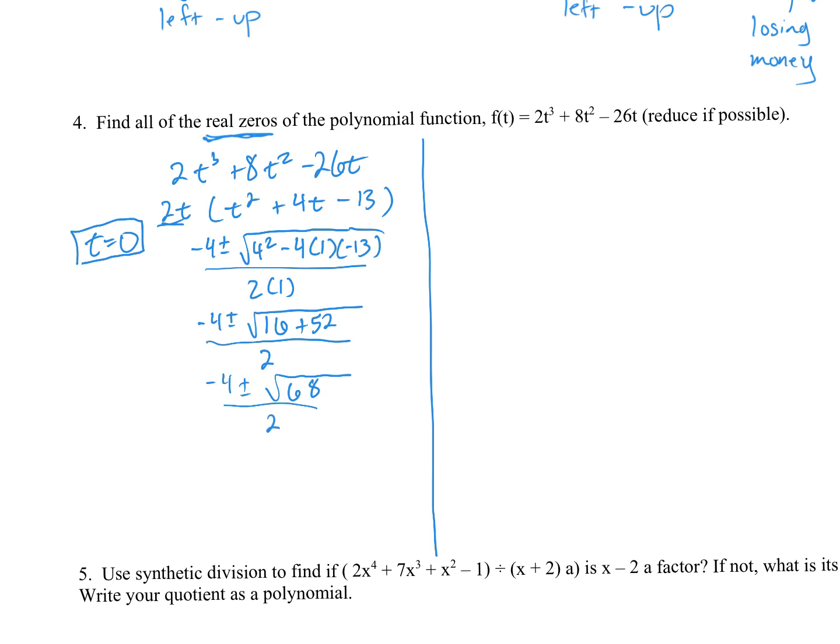Over 2, negative 4 plus or minus the square root of 68 over 2. I can do a factor tree. 68, this is 2, and 34, this is 2. 34 divided by 2 is 17. So these are our pairs.